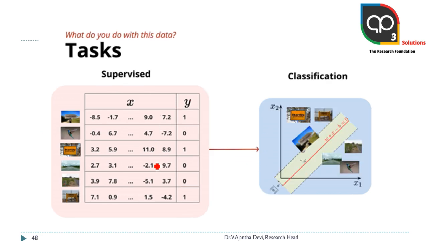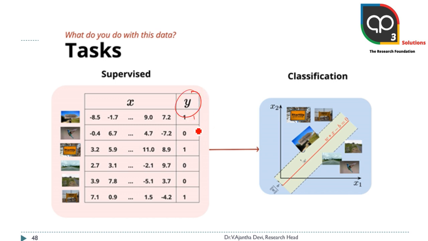So now I can build a classifier which learns the relationship between X and Y. Kindly observe, dear friends, here we have X, and with this you are identifying the Y.